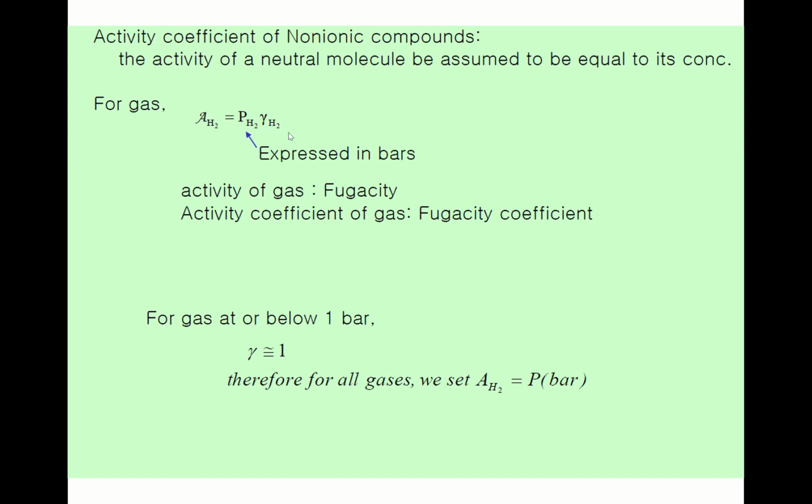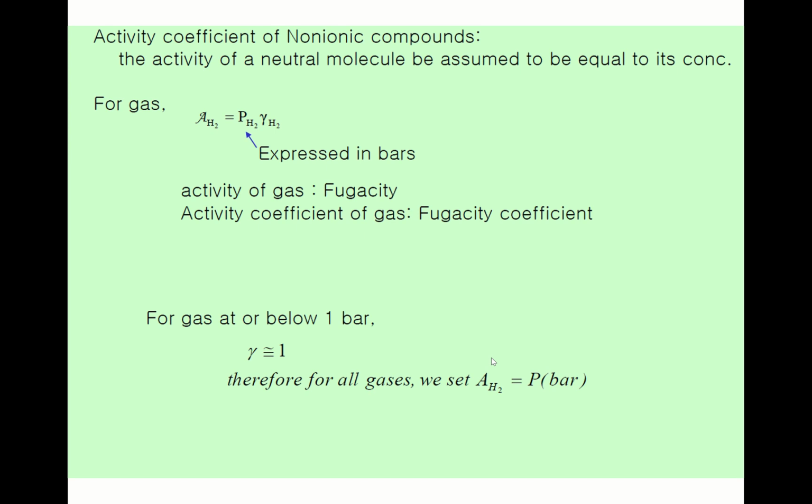In this case, the activity of a gas species is called by a different name, fugacity, and the activity coefficient is called the fugacity coefficient. For gas at or lower than 1 bar, this fugacity coefficient is almost 1. For gas species, activity is almost the same as the pressure.